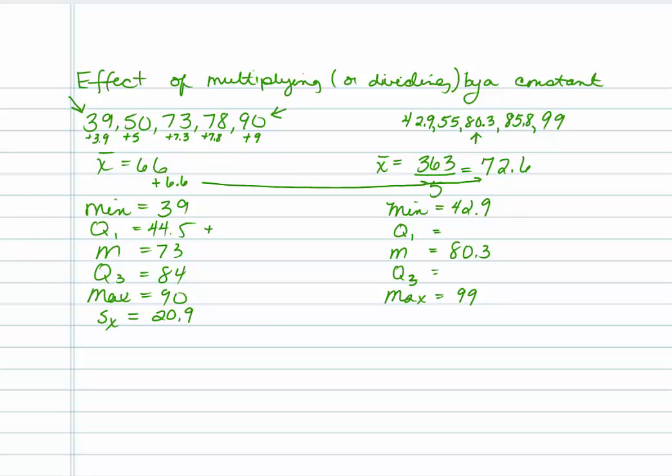If I add 4.45 to quartile 1 from the previous one, 4.45, I'm going to get 48.95. So let's take a minute and try to calculate what the median is between 42.9 and 55. I'm getting 48.95.